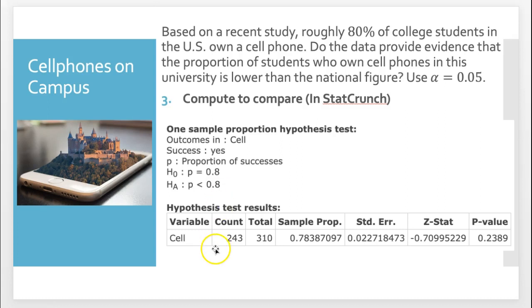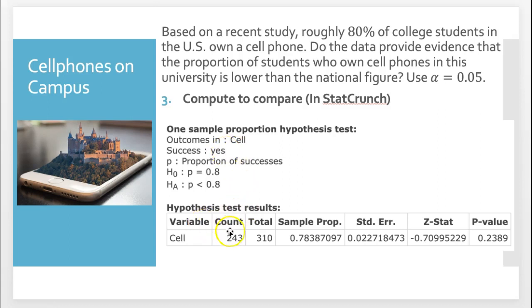So I have it go to the variable column and count all the yeses. The number of yeses out of the total number of responses is our sample proportion of students that own a cell phone. Yes means they own a cell phone, no means they don't.